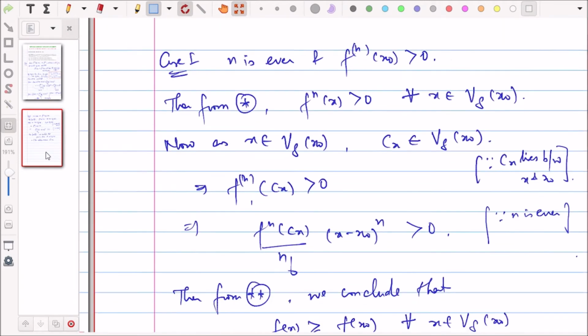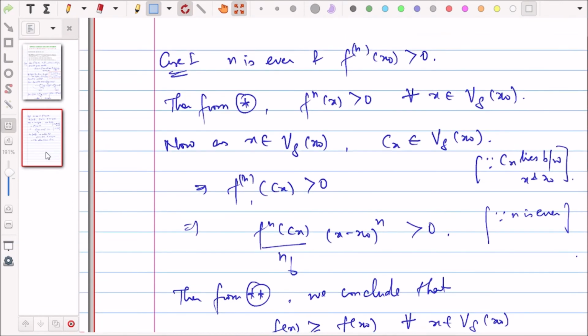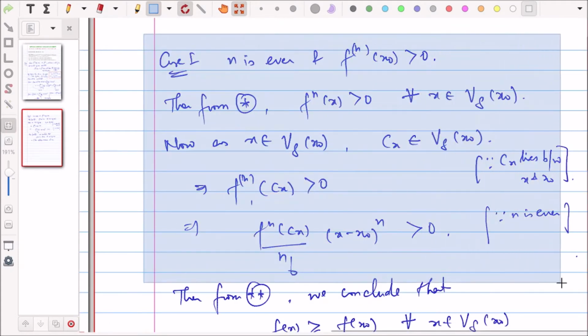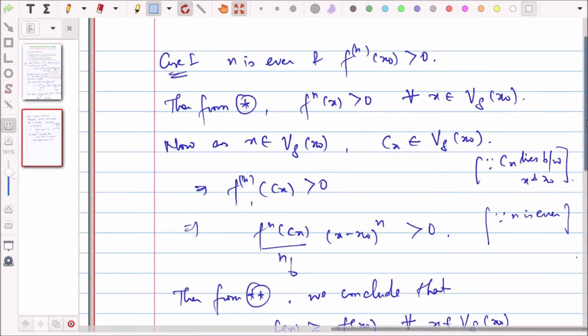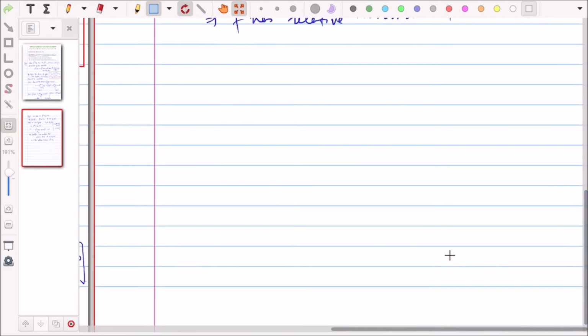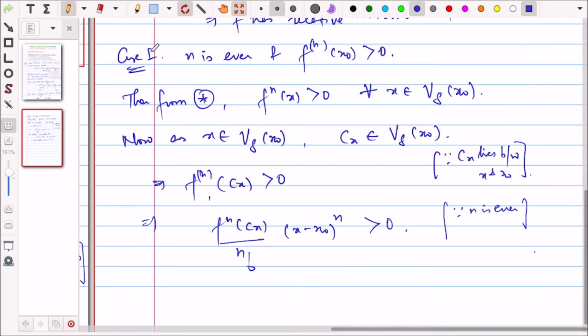Yes, sir. And what will happen in case 2? Case 2, n is even and f^n(x naught) is less than 0. So it will be on similar lines.